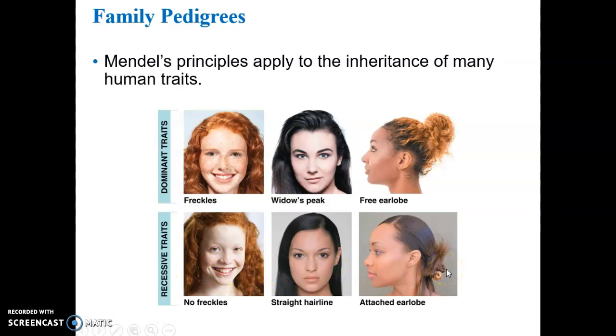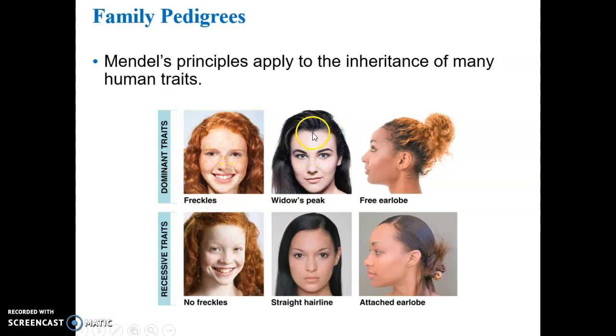So you can just look at your family. Actually, it's best to look at a wider group of people. More people who are red-haired, lighter-skinned will have freckles versus no freckles.